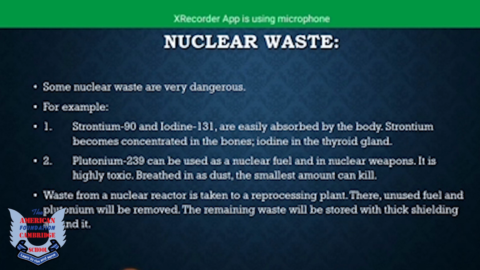We need to calculate the total number of neutrons in the nucleus that is split. So by adding 56 plus 85, that gives us 141. But as I told you in the chain reaction, there are 3 more neutrons emitted by the uranium nuclei. So by adding these 3 neutrons to the total number 141, we get the total number of neutrons split out during the process, and that is 144.